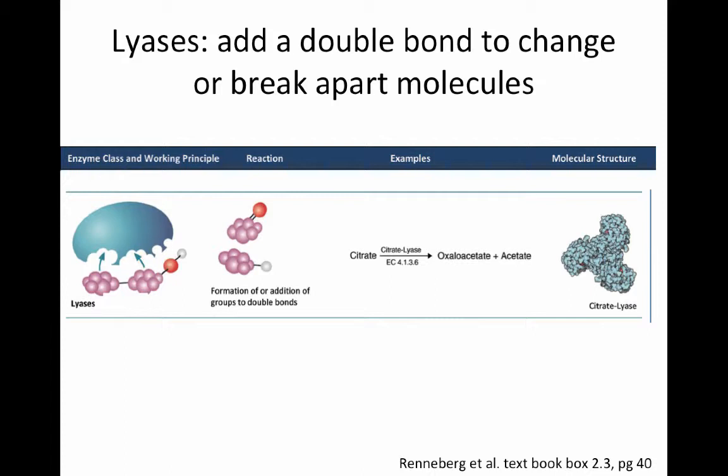So here we see this kind of complex active site again with citrate sitting into this structure, and this time there are no extra molecules used, but as the enzyme does its action, the double bond formation of the oxygen on this molecule acts to break apart the molecule.